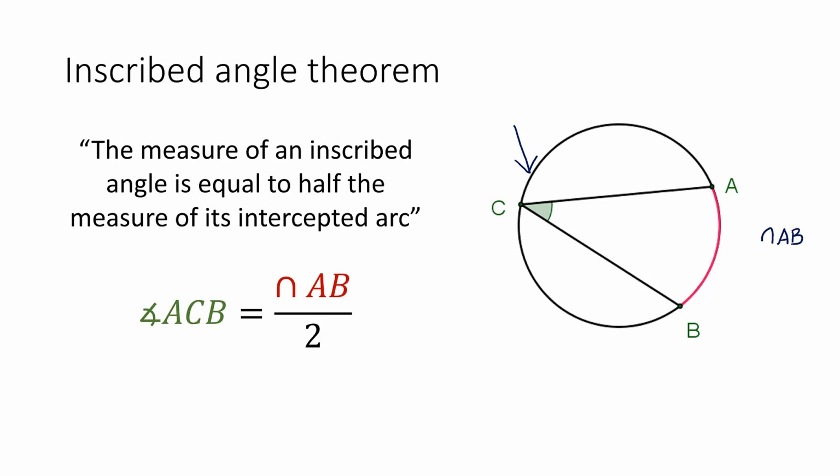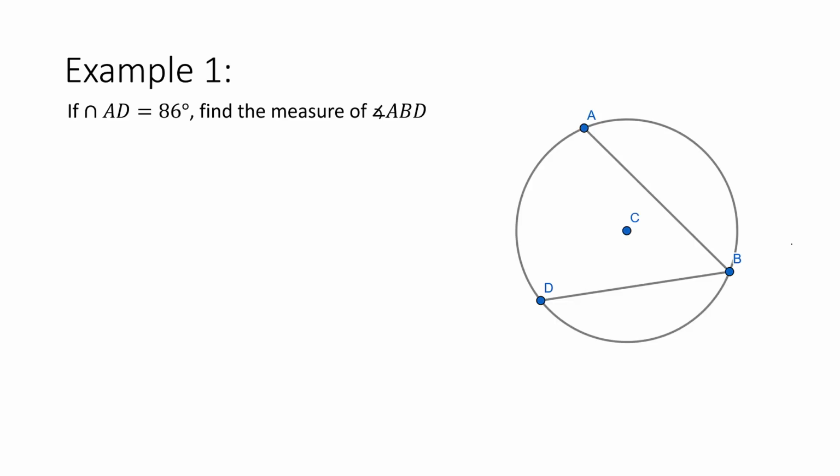Let's see our first example. If arc AD measures 86 degrees, find the measure of angle ABD. That means that arc AD, which is this one, measures 86 degrees, and we are looking for angle ABD, which is this one.